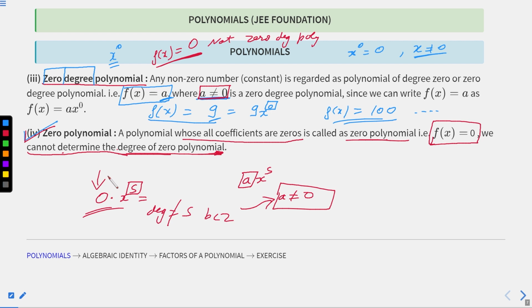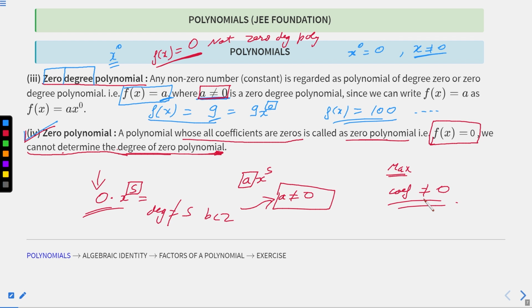This is also a major point. Always, if you are finding the degree of a polynomial, keep two things in mind: first of all the maximum power, and the coefficient for that maximum power of x must not be equal to 0.